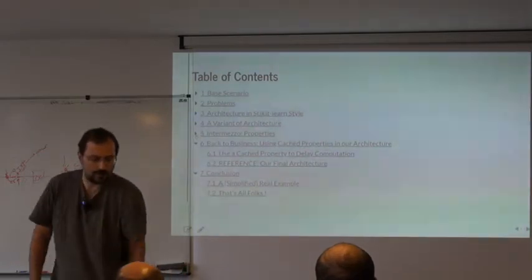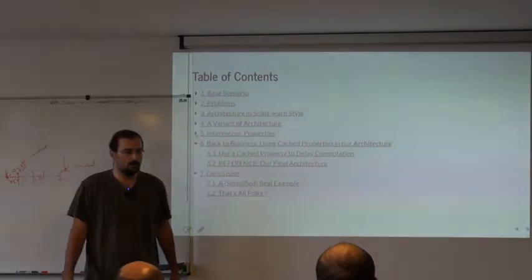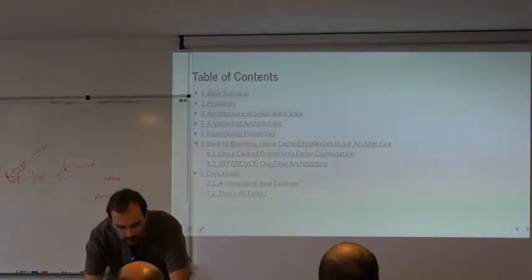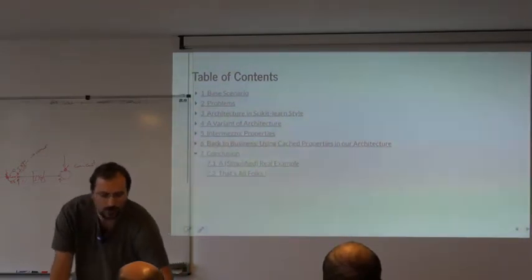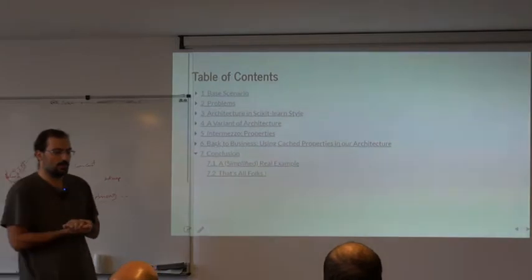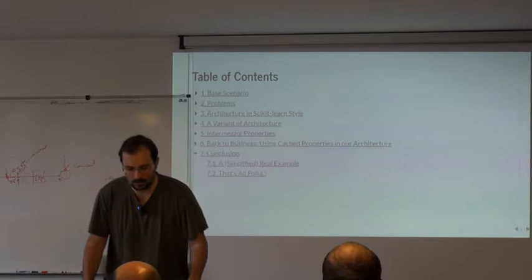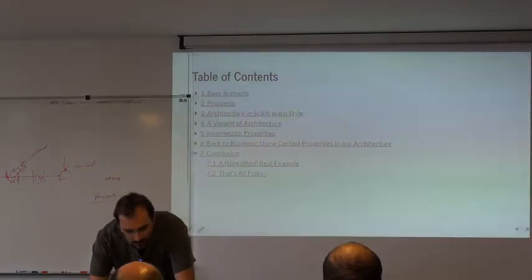The fifth section will be about properties. I think that most of you know properties, but I will show how to use them in general. And in the last section, I will use properties in our architecture to reach the final version of this architecture.